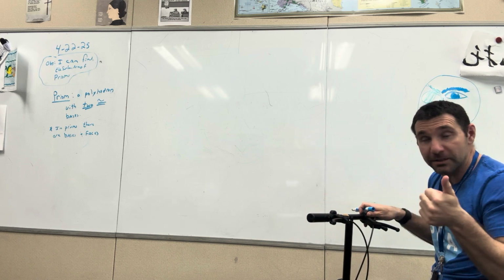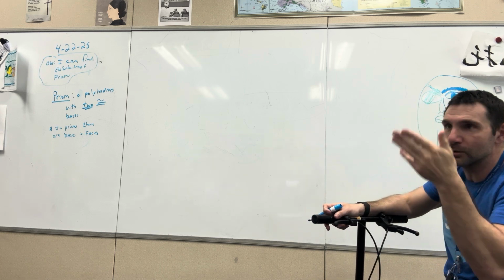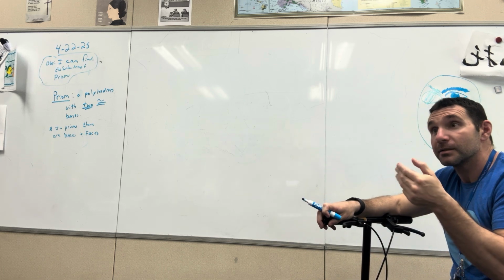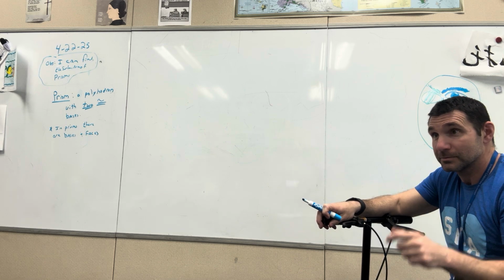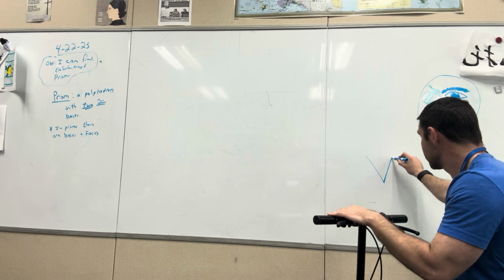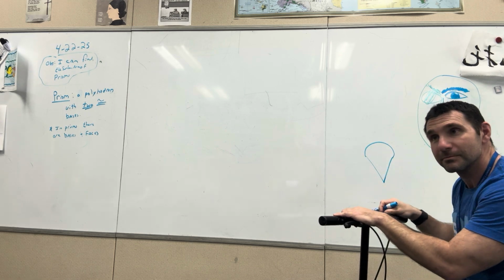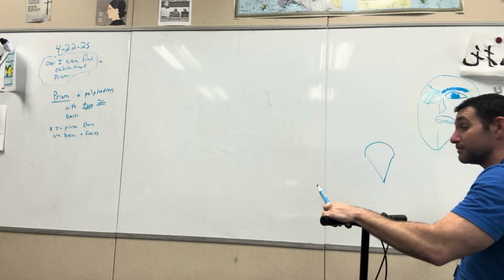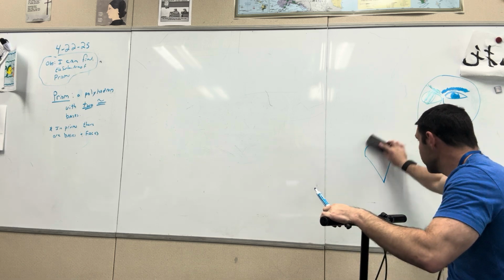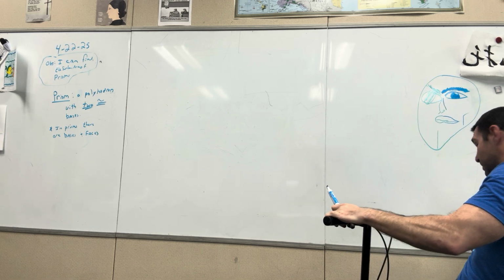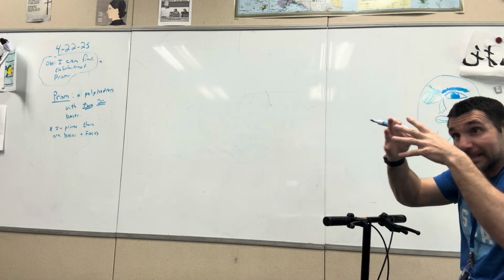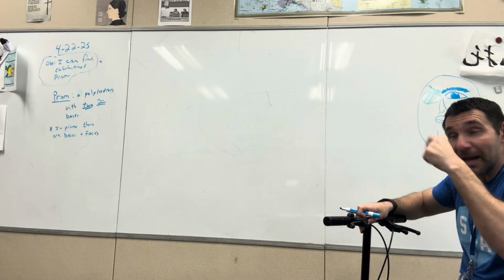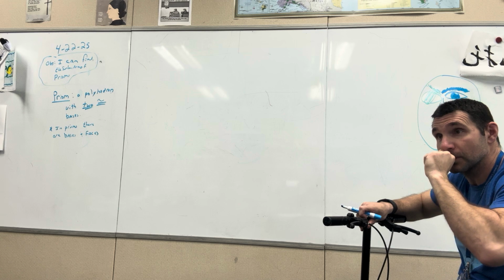So polygons are triangles, squares, rectangles, anything with angles, except that it can't have a curve. So any of our shapes that we've talked about, okay? Polyhedron means it's a three-dimensional figure made up of polygons.